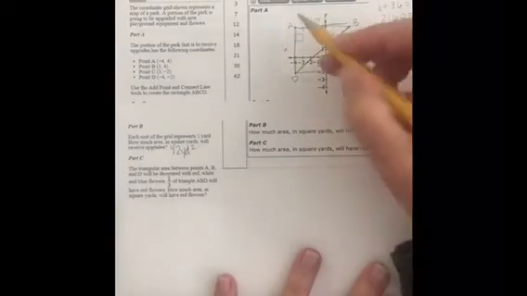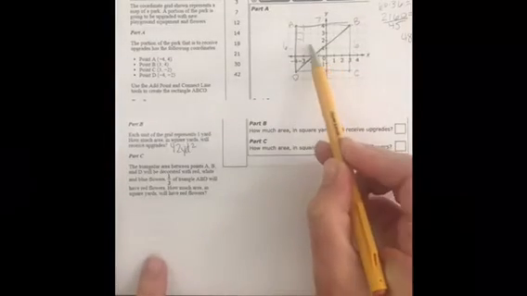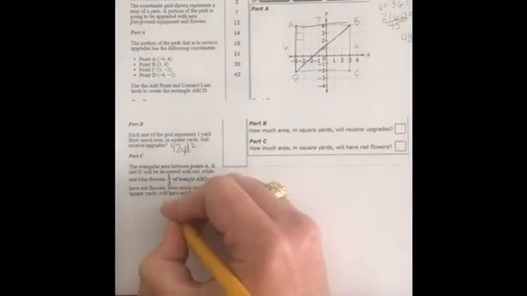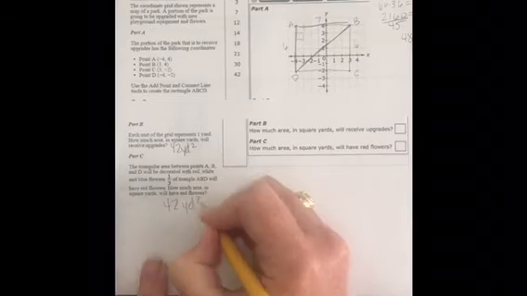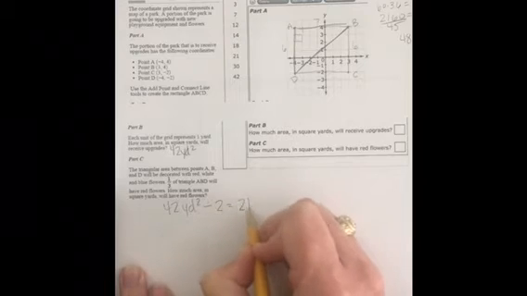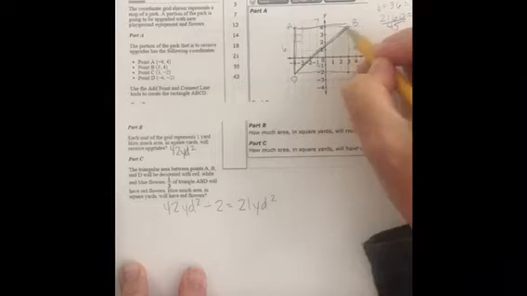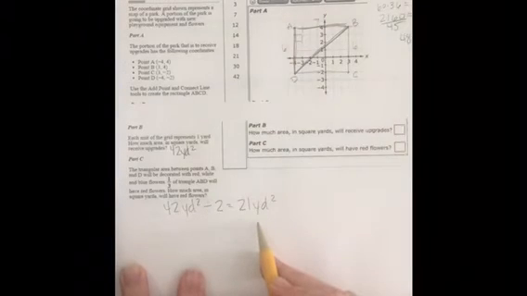So first, I need to find out what is the area of this triangle. If the area of the entire thing is 42 yards squared, and this triangle makes up half of that, it would make sense to divide by 2, and it would give you 21 yards squared. So the area of this triangle is 21 yards squared.